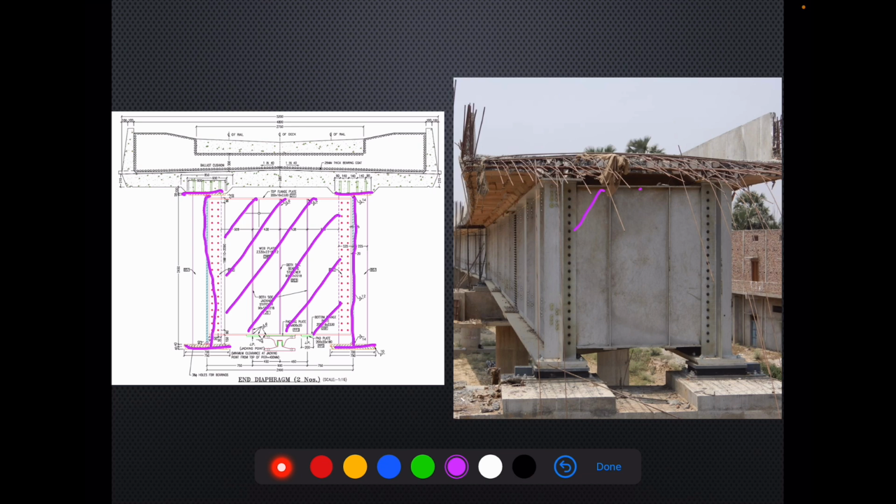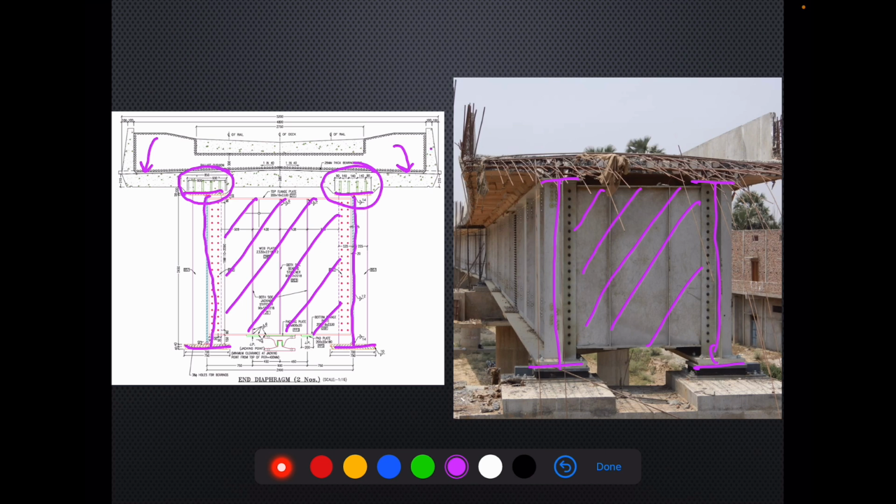Now above this, we have shear studs welded on the top flange of these girders, which get cast into the RCC deck slab.